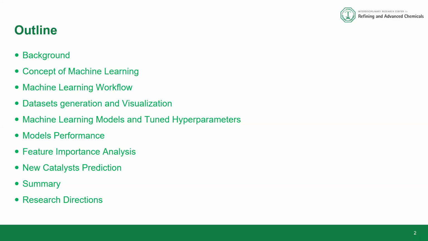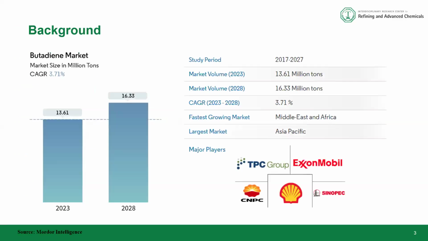As a background, the application is all about predicting the performance of catalyst for oxidative dehydrogenation reaction. This is a reaction that is used mainly to produce butadiene, which is a second step reaction product. When you start from normal butane, you get intermediate butenes, and then the next step gives you butadiene.